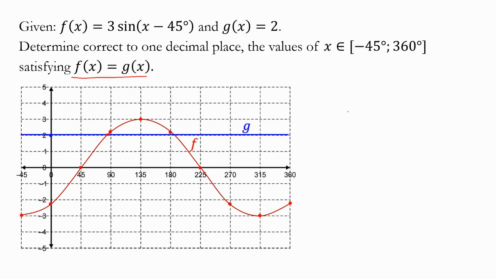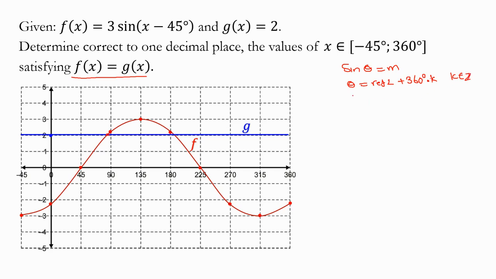I want to remind you about the general solution for sine of an angle. Let's say we have sin θ = m. The general solution for this will be θ = the reference angle + 360° × k, where k is an integer.